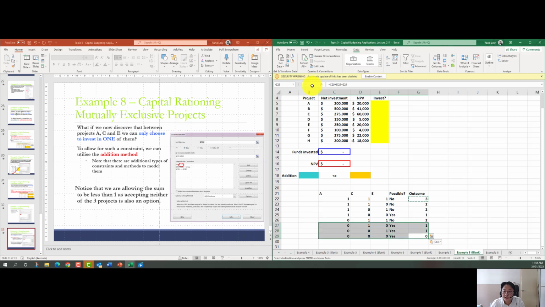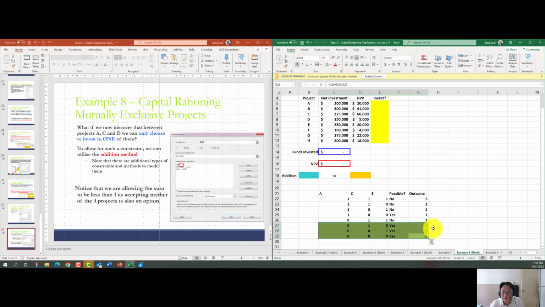We want the conditions where these things are true. So we see over here that we want conditions where it can be 1 or 0, right? So basically it can be 1 or less than 1.